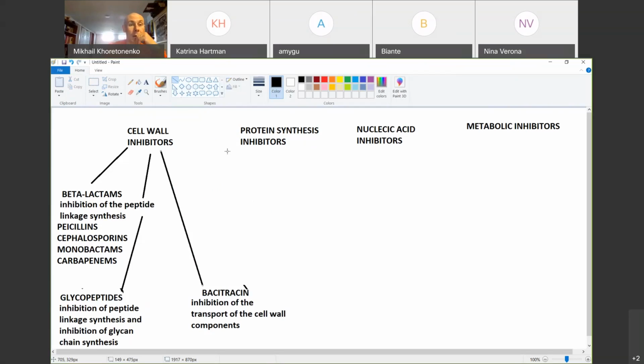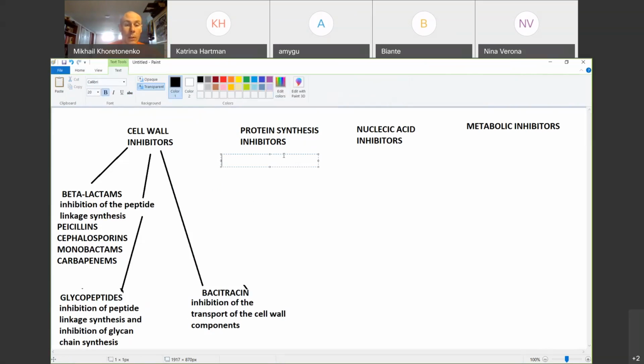Now, protein synthesis inhibitors. We have quite a few here. I don't know if we will be able to fit it all on the screen. If not, we'll just make like a separate thing for them. Protein synthesis inhibitors, we have two big types. One is 30S subunit inhibitors.